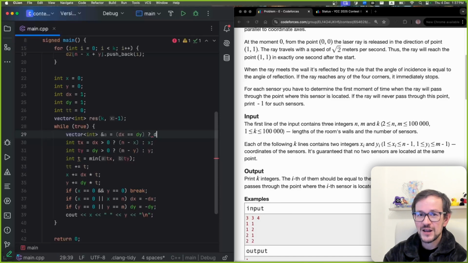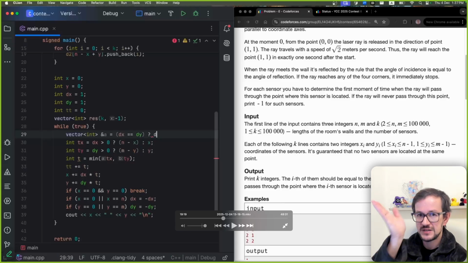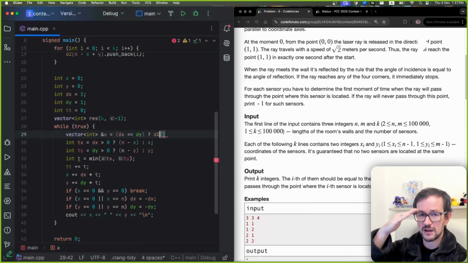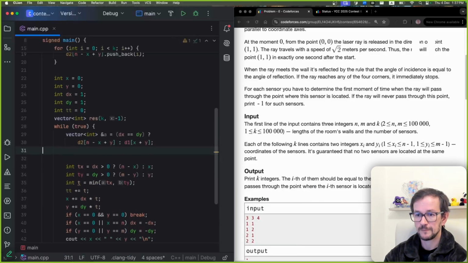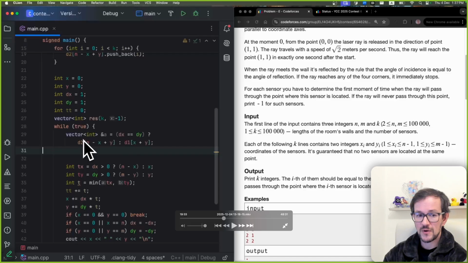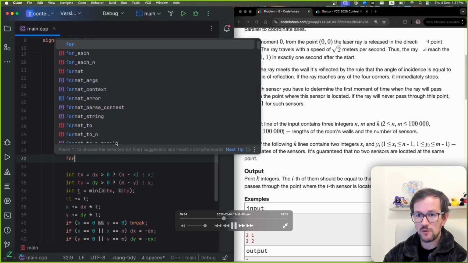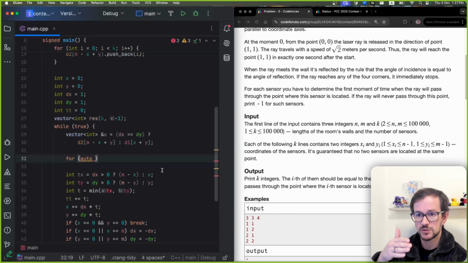So I check which diagonal I'm now on. So if dx equals dy, I have this type of diagonal. If it is not, I have this type of diagonal. Okay. So now we found out which diagonal we have. I will just iterate over all sensors on this diagonal.